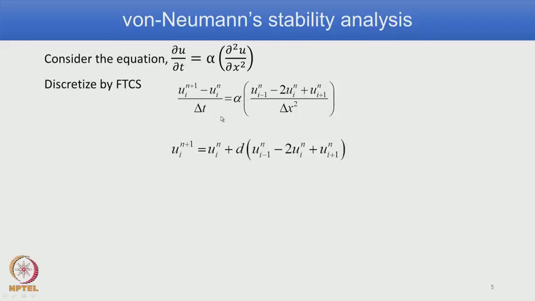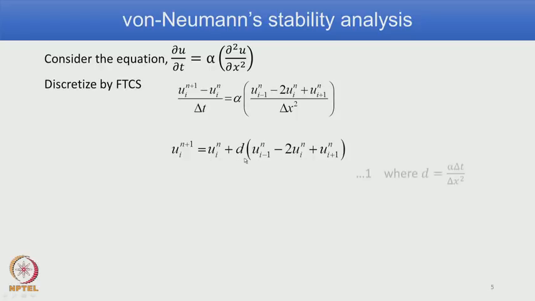Now, just a rearrangement: we take this delta t to the other side, and u of i, n is also a known value because it is evaluated at the nth level, so it also goes to the other side. The only quantity to be determined is u of i, n plus 1. So, that is rewritten and you get u of i, n plus 1 equal to u of i, n plus d into this.